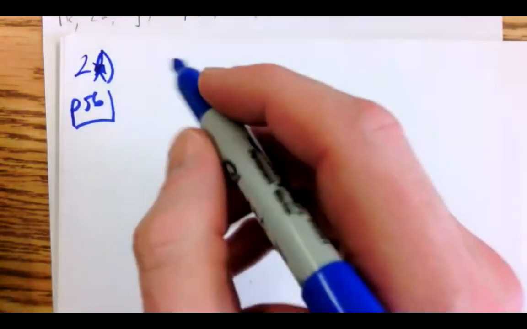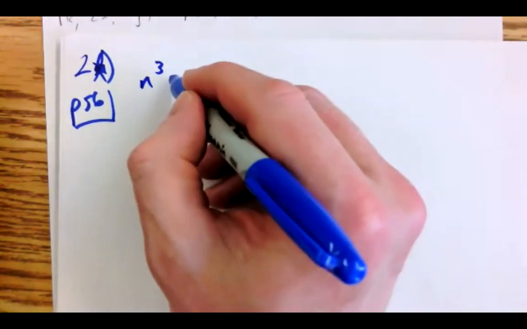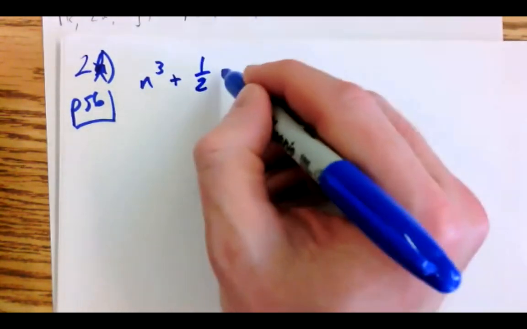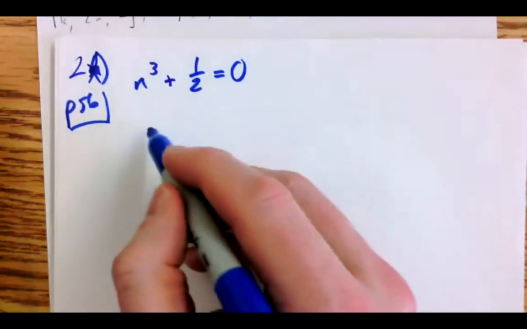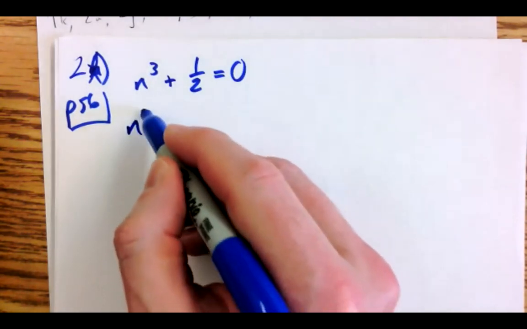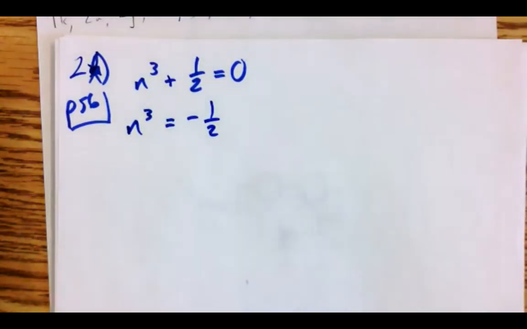2L. Anyways, so n cubed plus a half equals 0. This one's gonna have to be an estimation. We subtract a half from both sides, so n cubed equals -1/2. Now we have to get the cube root of both sides.